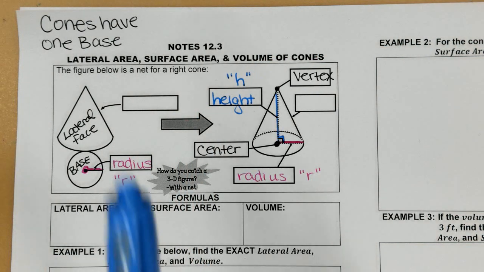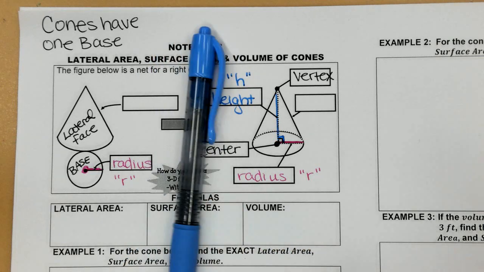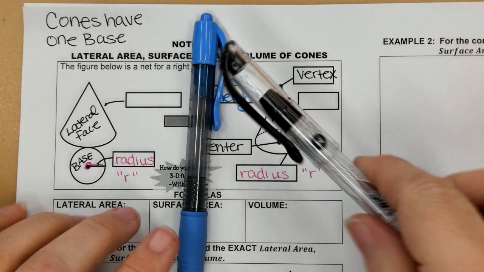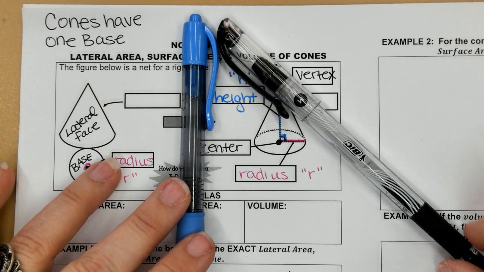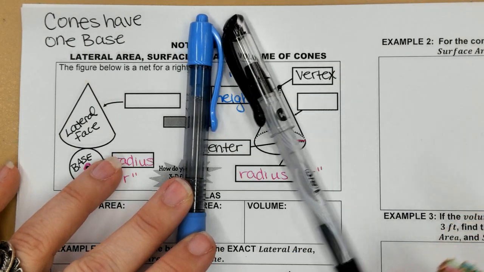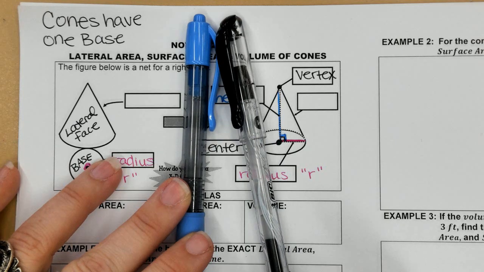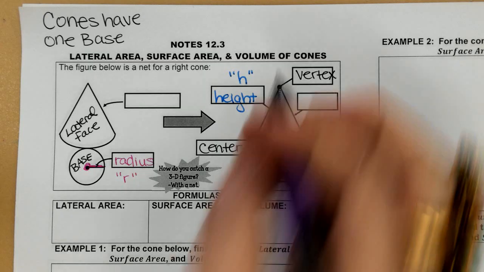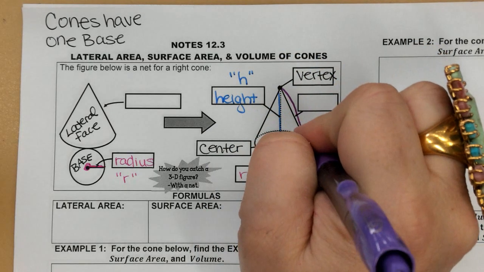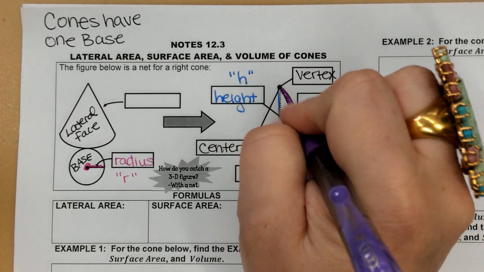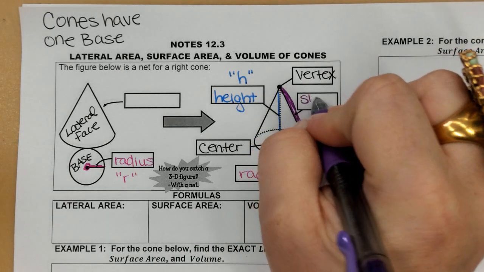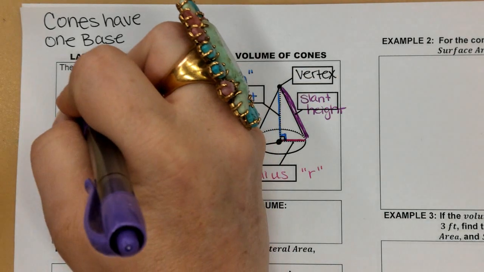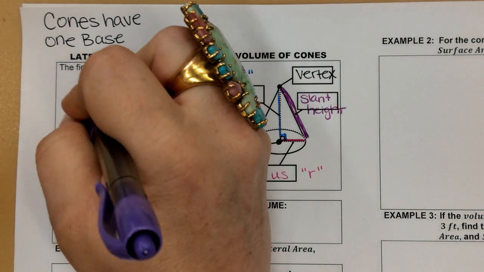Now with a cone, it can be really tall, it can be short, but this slant right here can be a really wide cone or it can be a really skinny cone. So we have to find a way to determine what kind of slant that is. That we call the slant height, and that's this length right here.